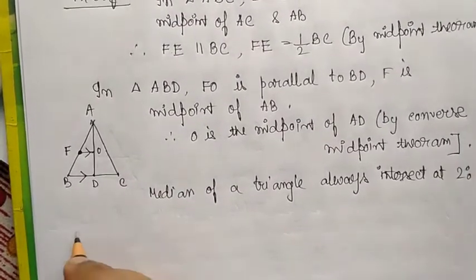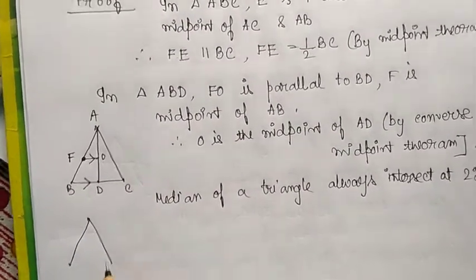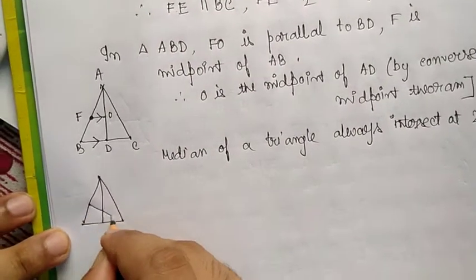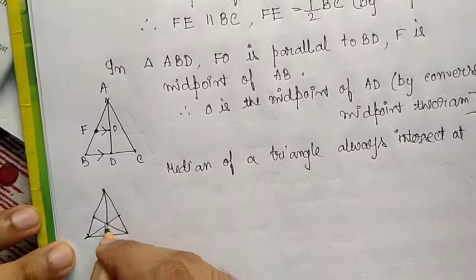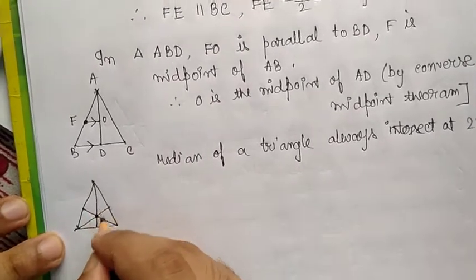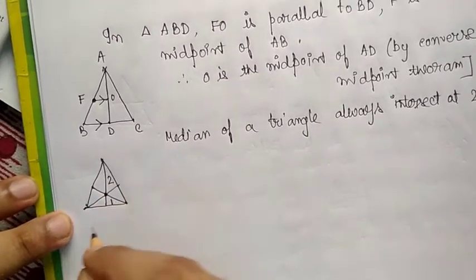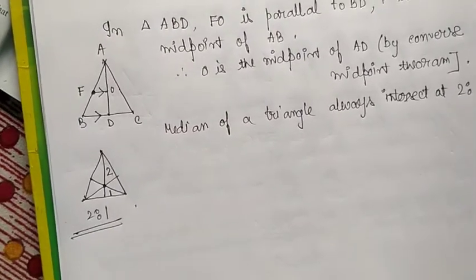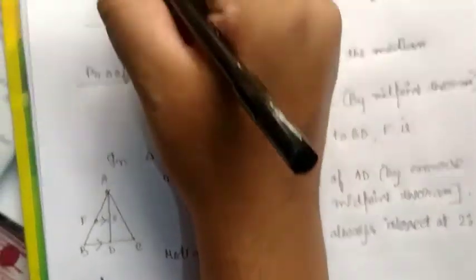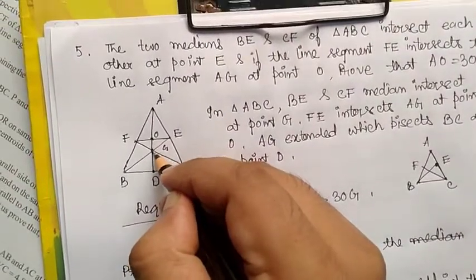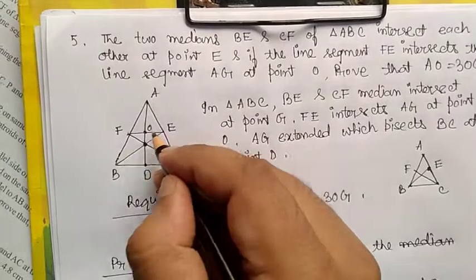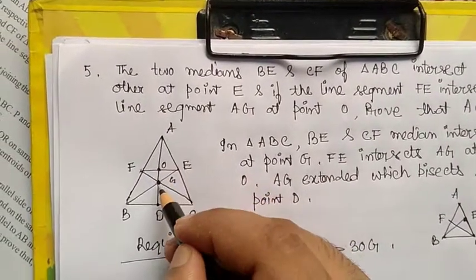We know that if this is a triangle and these are the medians, and all the medians intersect at this point, then this ratio is 2 to 1. So in this diagram, these three are medians.